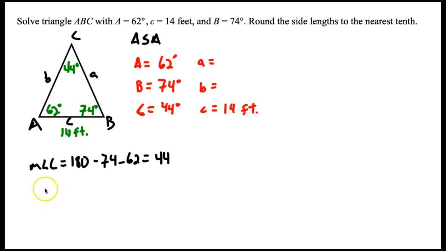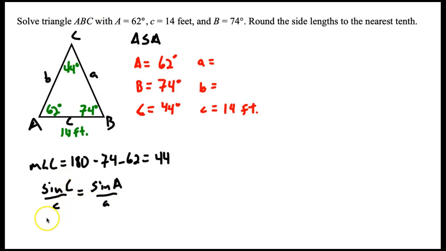So I could set this up as the sine of C over side C is equal to, now let's solve for A first, the sine of A over side A. So now I know three of these pieces, right?